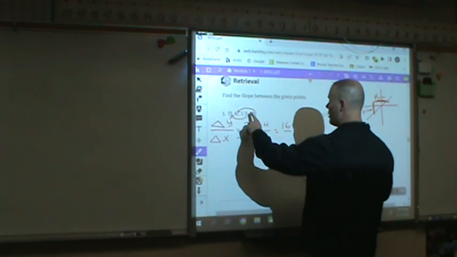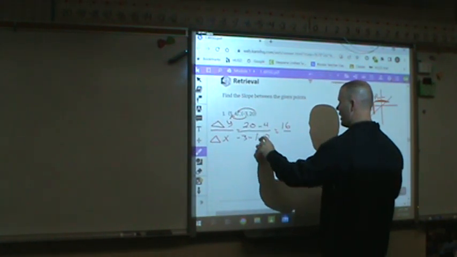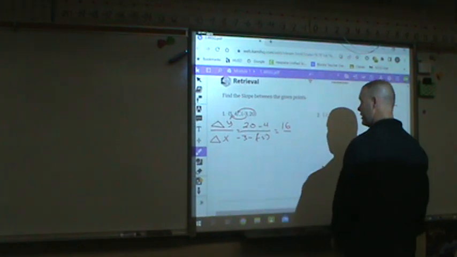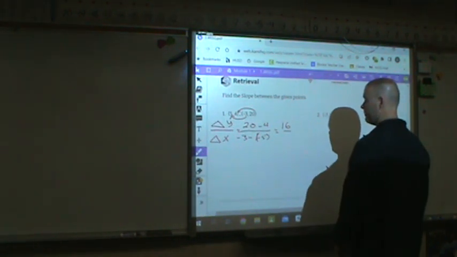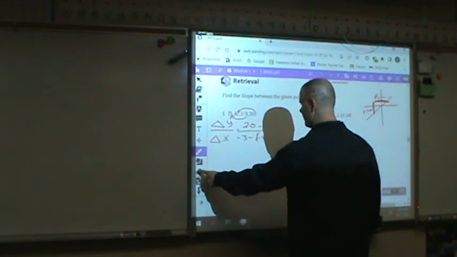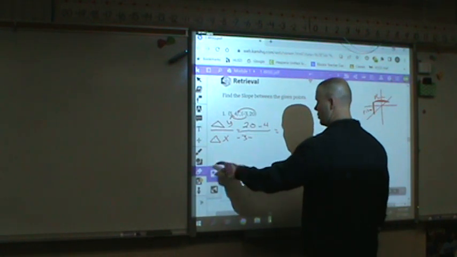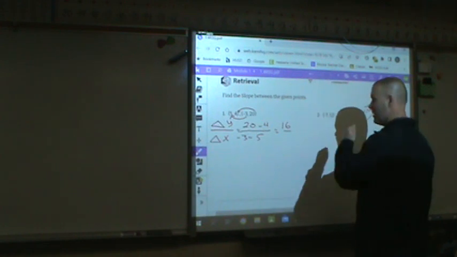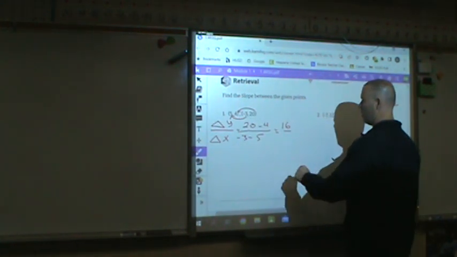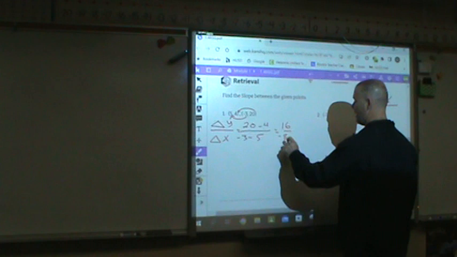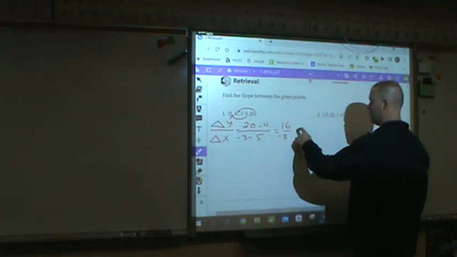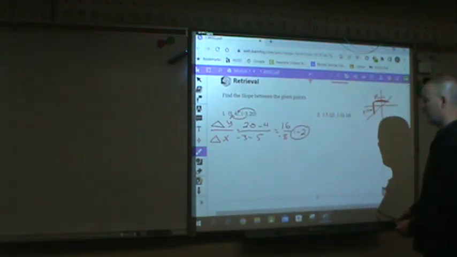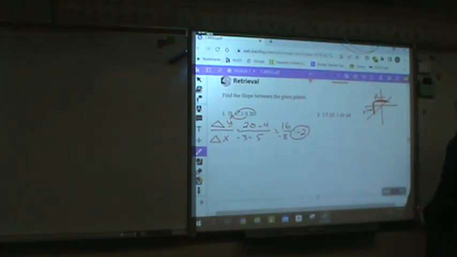Be careful, 5 is positive. Get it right, Mr. Wilson. This is where you have to stop and think. That's the hard part. Minus 3 minus 5 is negative 8. What is 16 over negative 8? That is negative 2. Negatives rule, so there's your answer. It's a negative sloping line with a constant change of negative 2.